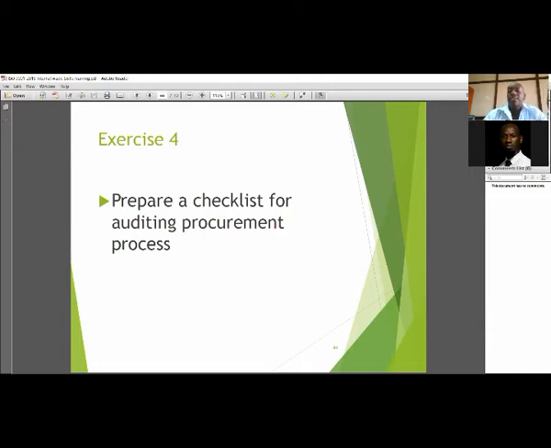Just imagine you have just been sent to go and audit procurement. Then we shall share. Whatever you have noted down, we will give you a chance to share and tell us what you have come up with. It is a tool that you're going to use to help you see whether the procurement process in IAA conforms to ISO 9001 requirements. 10 minutes are enough.